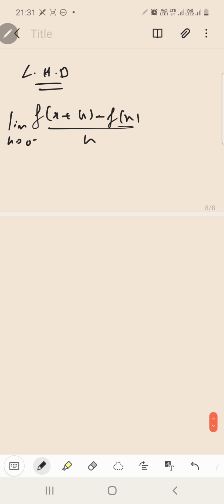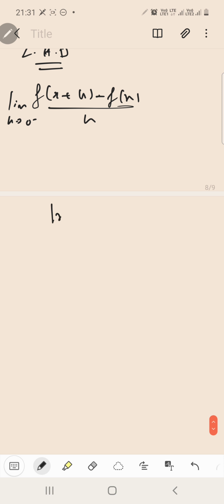So basically we have the limit as h tends to 0 minus of f of x plus h minus f of x over h. So this becomes mod of x plus h minus mod of x over h.